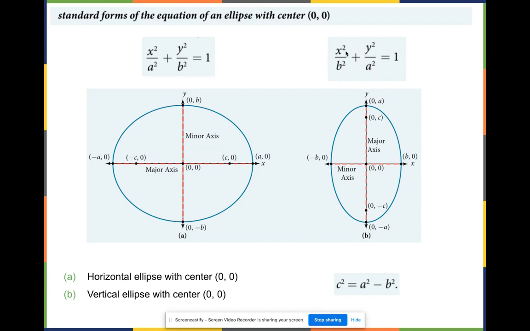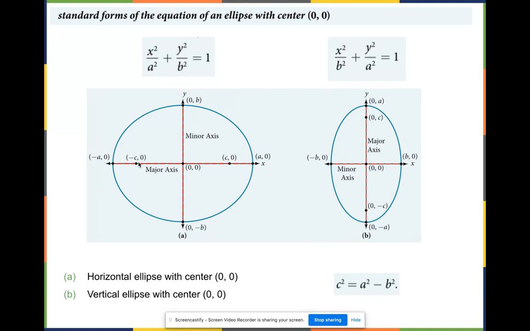Whichever of x or y has the bigger number underneath it, that's your major axis. In this case, a is bigger and it's under y, so y is the major axis and the focus points are along the y-axis. In this case, a, the bigger number, is under x squared, so x is the major axis, and the focus points are along the x-axis.